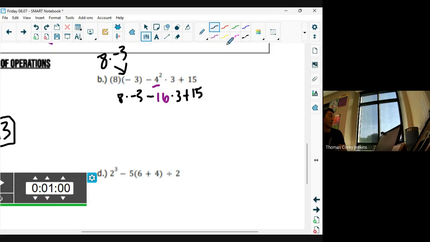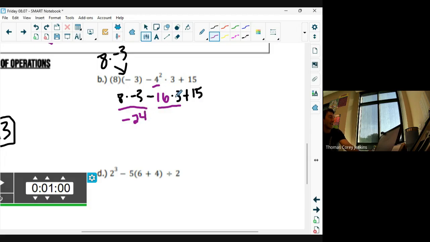Do we have any multiplication or division? Yes. Actually, we have 2 that are separated by an addition or subtraction. So I'm going to do this guy and this guy at the same time, in the same step, okay? So 8 times -3 is -24.